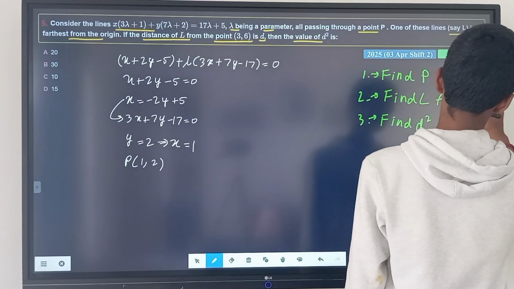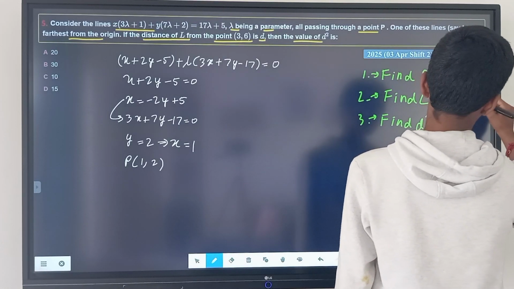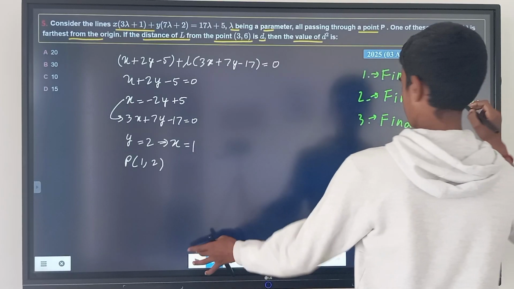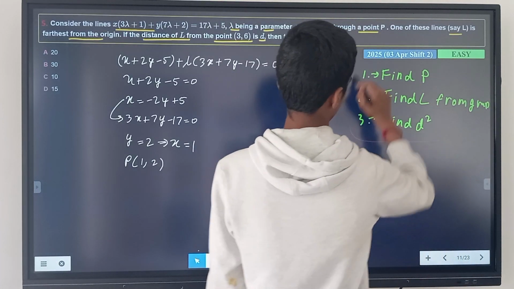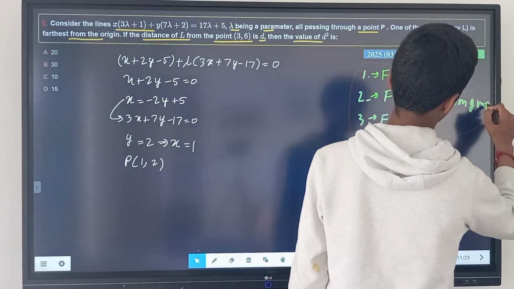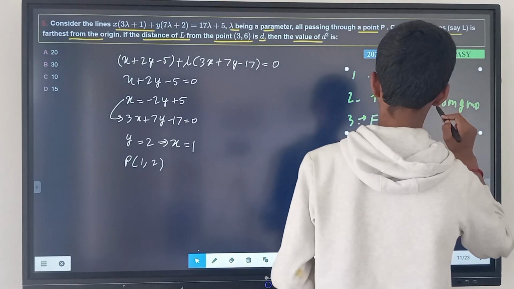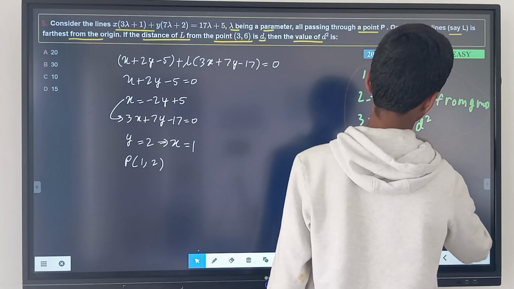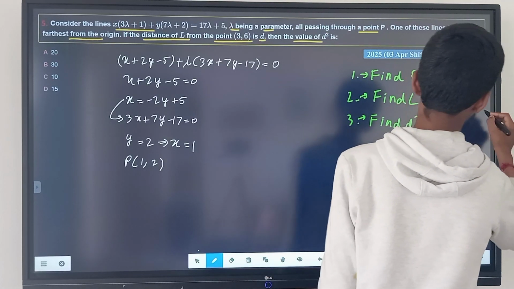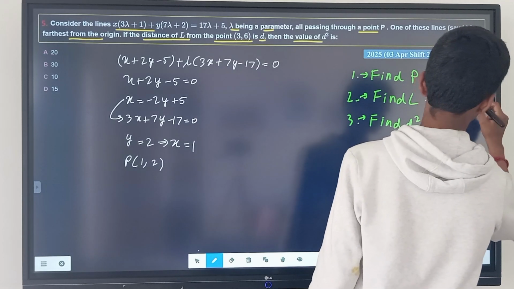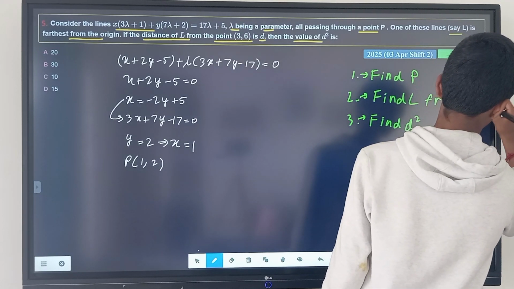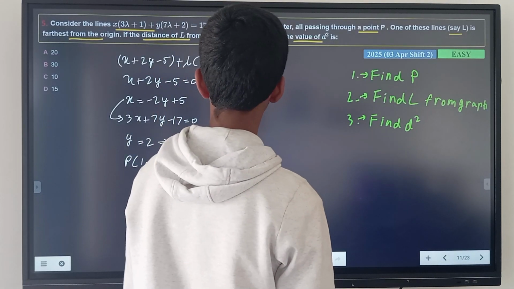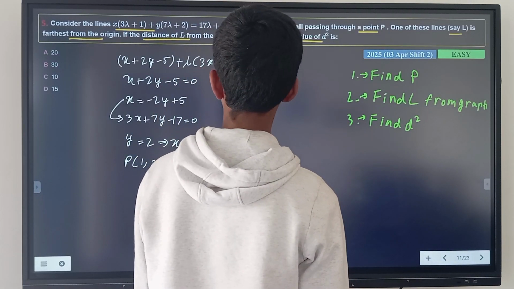Now we need to find L from graph. We'll see more when finding the line L using graph. Now let's make a graph.